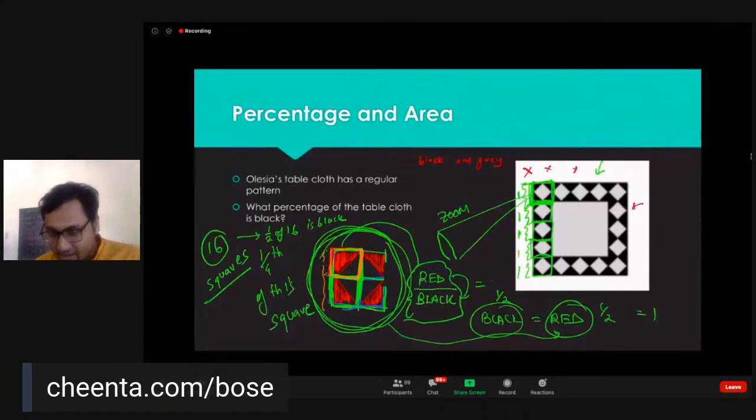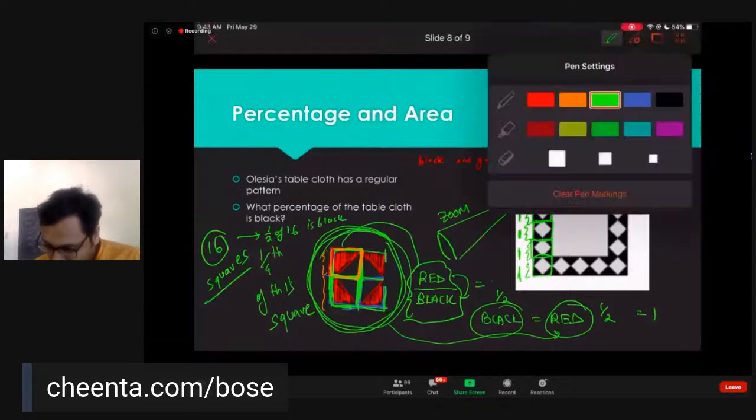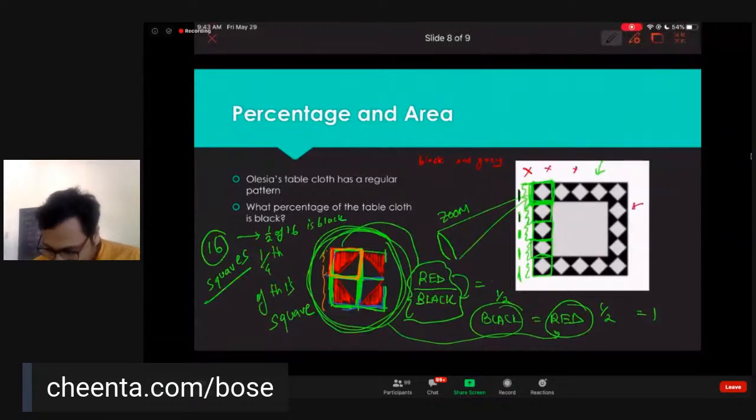Audrija Ghosh has rightly pointed out, since this is 1, 1, 1, 1, 1, this is 5. Since the side length is 5, and this is 1, 1, 1, 1, 1, the side length is again 5. The entire tablecloth is 25 units.